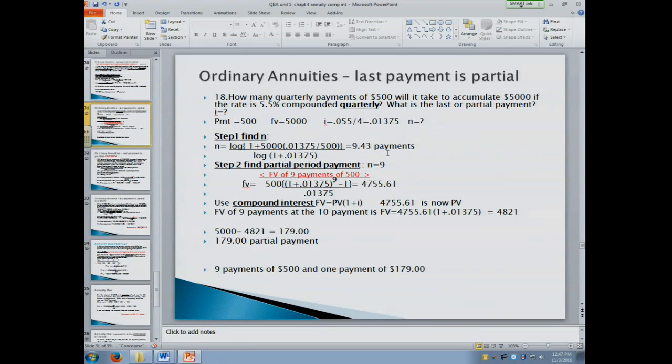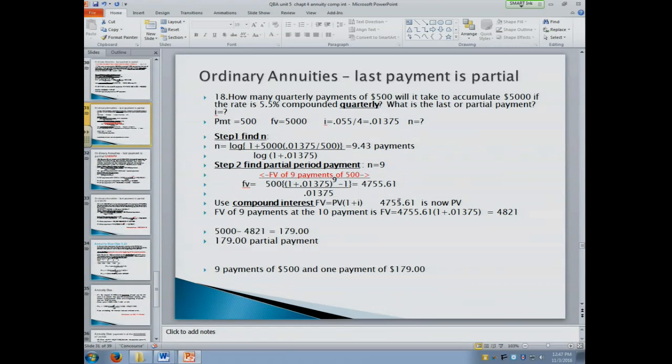It's an annuity. So we want to find the future value of those 9 payments of $500. In the future value formula, right here I'm circling, 500, 9 payments, the future value is $4,755.61.